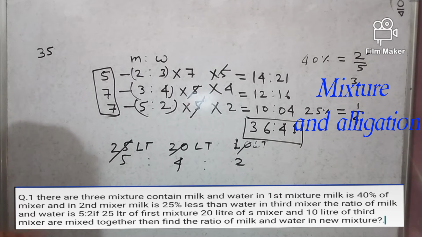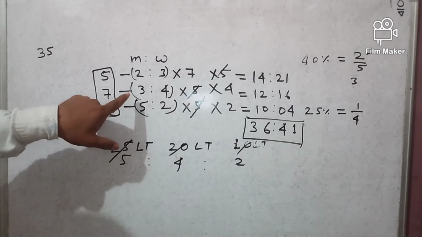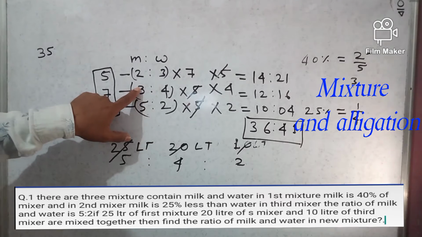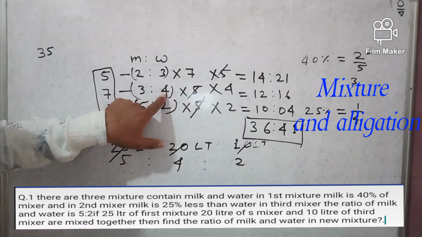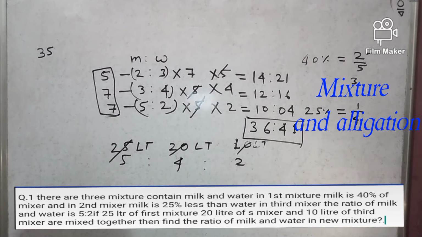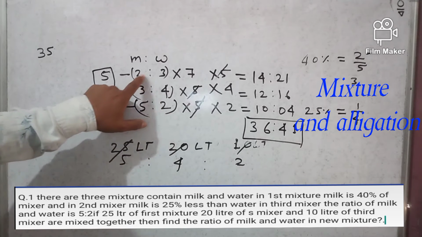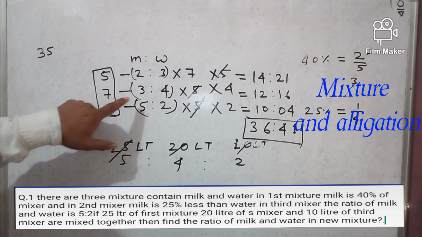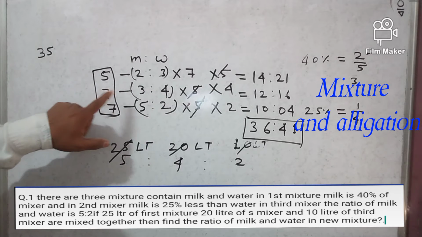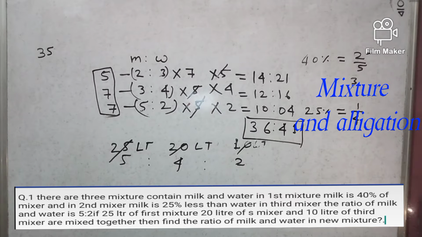In the second container, milk is 25% less than water. So 25% less means 75% is milk and 100% is water. So in the second container it is 3:4, and in the third container 5:2. Now 2 plus 3 is 5 parts in the first container, 3 plus 4 is 7 parts in the second container, and 5 plus 2 is 7 parts in the third container.